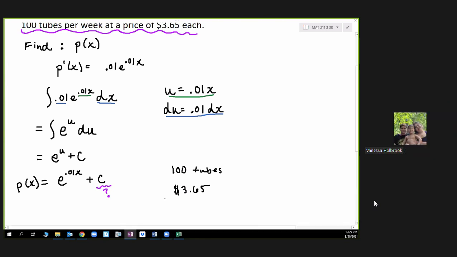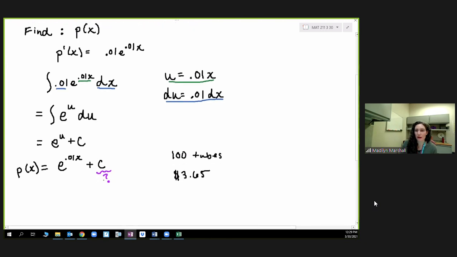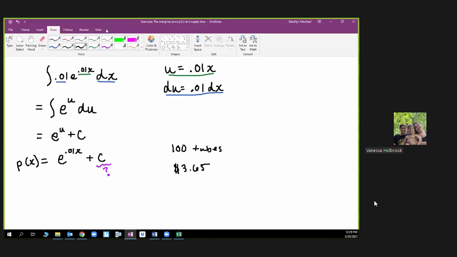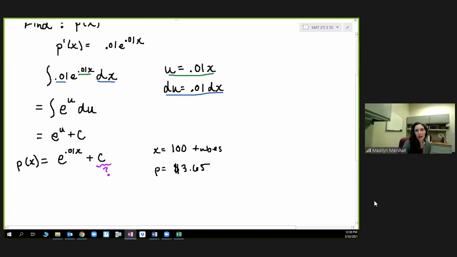Oh, that's right. But we have this equation. We have the price on the left side. We have the units being produced up here in the exponent x, and we need to know C. This is an ordered pair, basically.